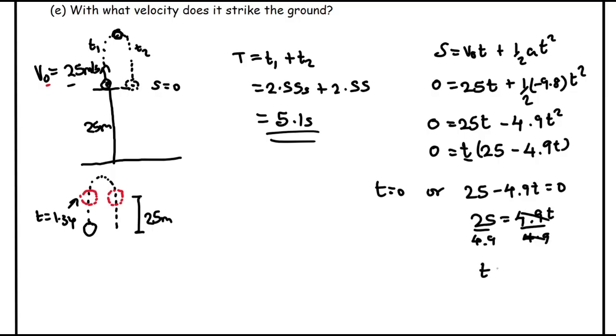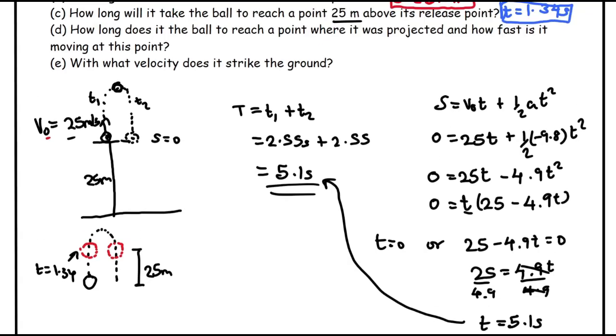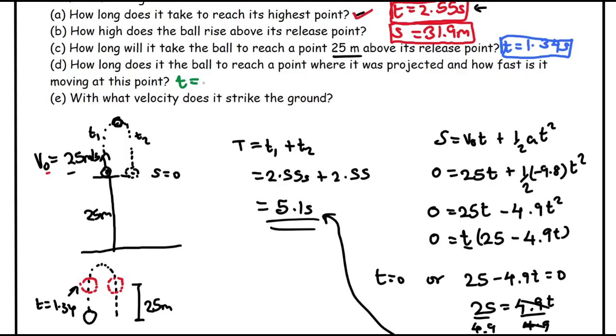We get T is equal to, which is exactly what we got there. So that's one way of doing it. And so our value of time is T is equal to 5.1 seconds.